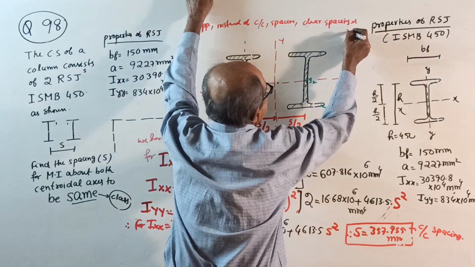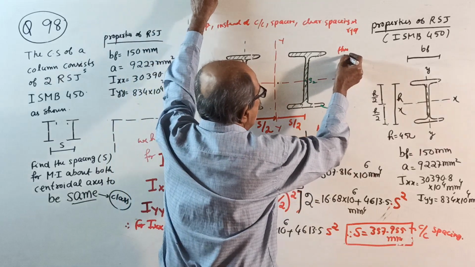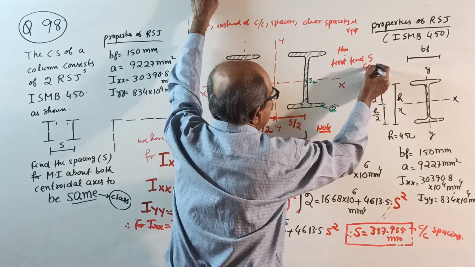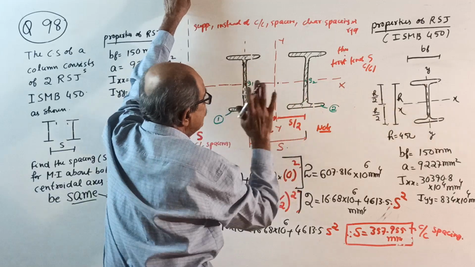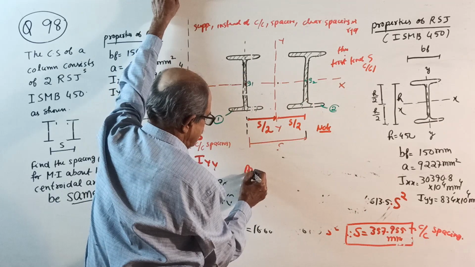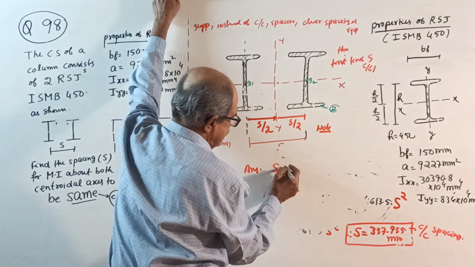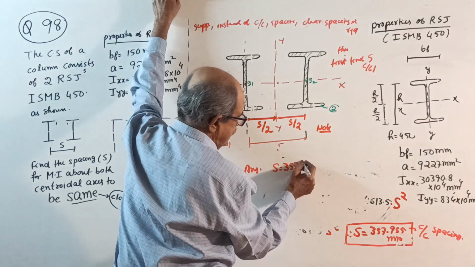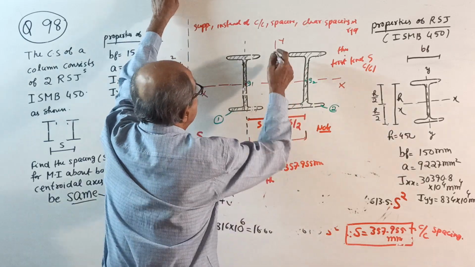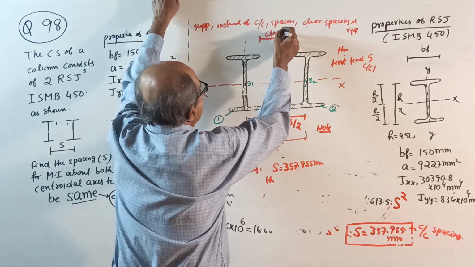Then also, first find S center to center. Answer is S equal to 357.955 millimeter. We already got. Then see, this is the clear spacing.